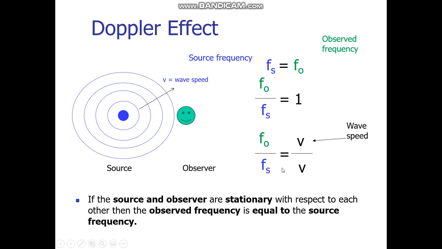And so that would be a little formula. You might think it's a bit pointless at this point, but you'll see when we introduce some motion, it becomes useful. So at the moment, because everybody's stationary and there's no relative movement, the frequency observed by the observer and the frequency emitted by the source are equal. So you divide them, you get 1, and that's also equal to the speed of the wave divided by itself.